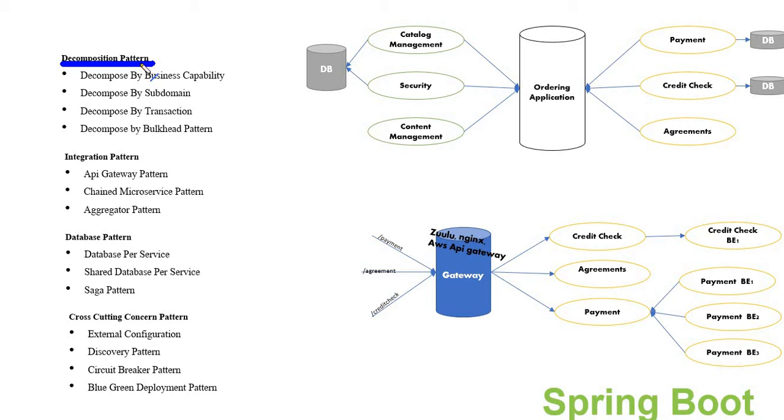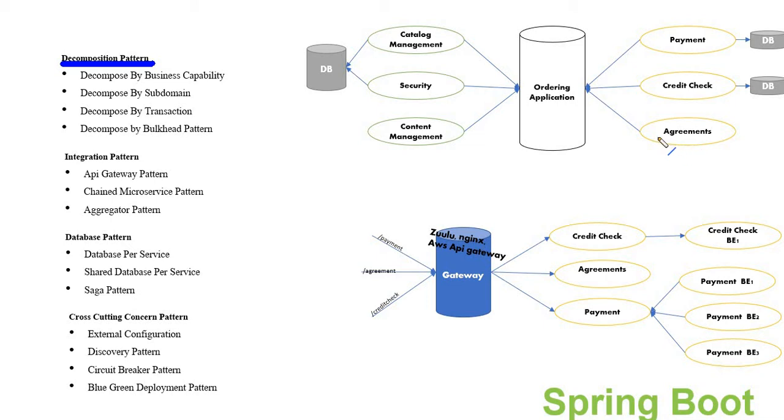Decomposition means how we are going to divide our services, and based on what. For example, I have an ordering application. I need a service to make a payment, another service to make a credit check of all the customers, and another service to maintain the agreements.